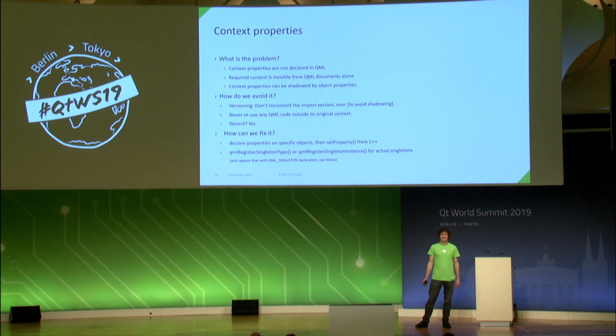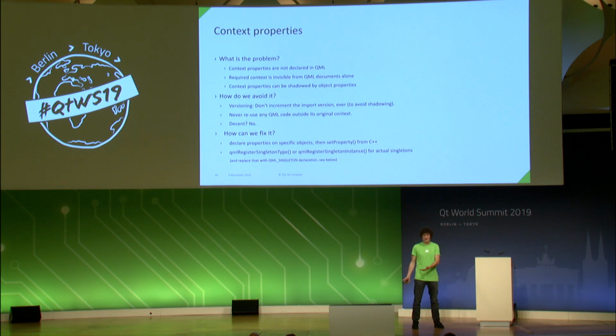And so let's try to structure this a bit better. What's the problem? Well, we want those context properties somehow in there, but they're not declared in the QML document. And so we don't see what kind of context the QML document requires in order to function properly.